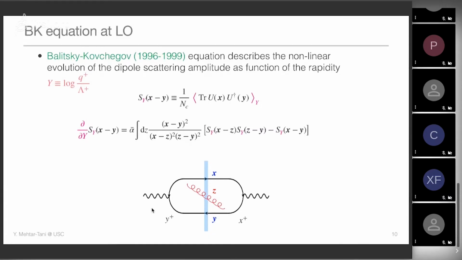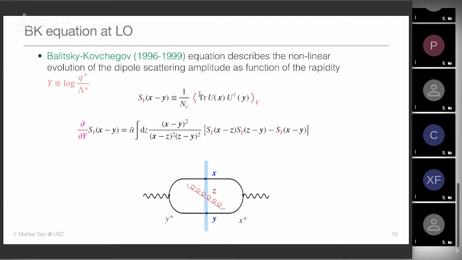So this equation will describe the nonlinear evolution of the dipole scattering amplitude that I just introduced as a function of rapidity now. So rapidity being log of q plus over some factorization scale lambda plus. And this simply will resum those large logarithms here, which somehow are a consequence of the strong ordering in the q plus variable.